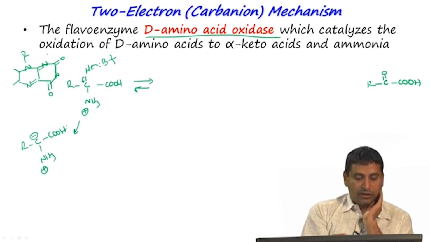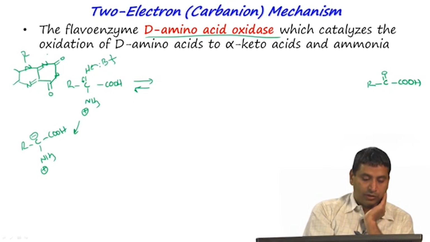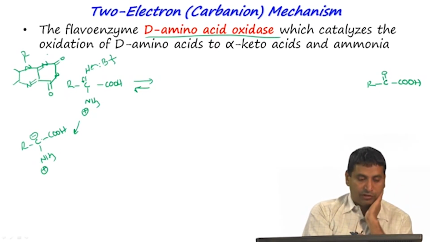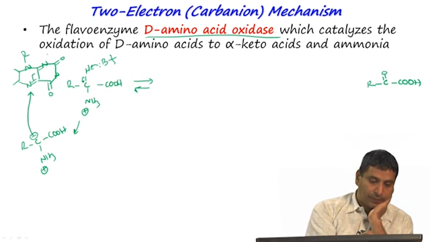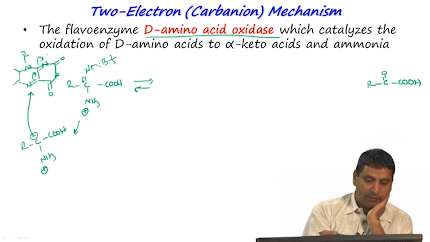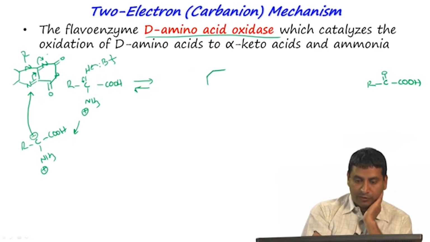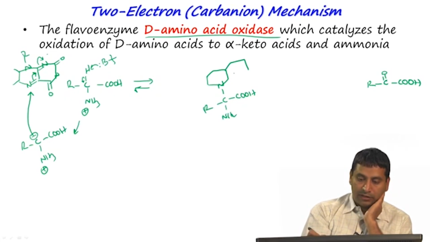And since this carbanion is next to an electron withdrawing ammonium ion as well as a carboxylic acid, it is possible that it can be stabilized to some extent, and then this carbanion can react over here and give you this stable N minus, and so the intermediary species that you would be producing would be N-C-COOH-NH2-R, and the rest of the flavin molecule is as we would have drawn it out previously.